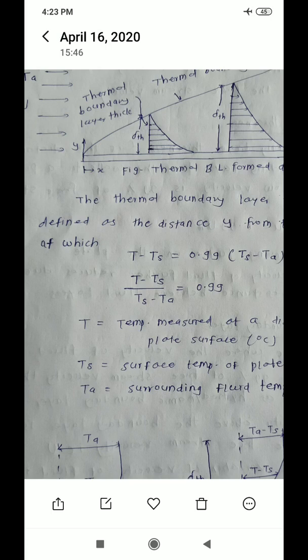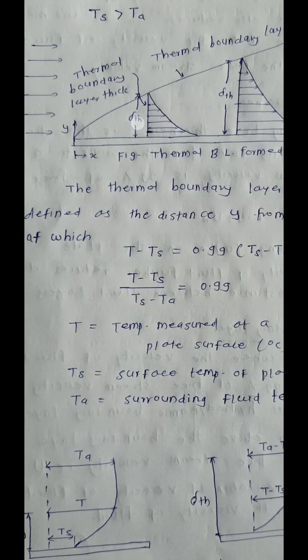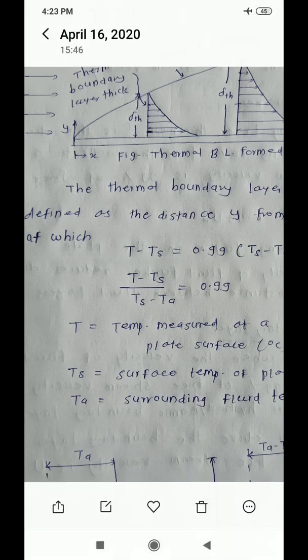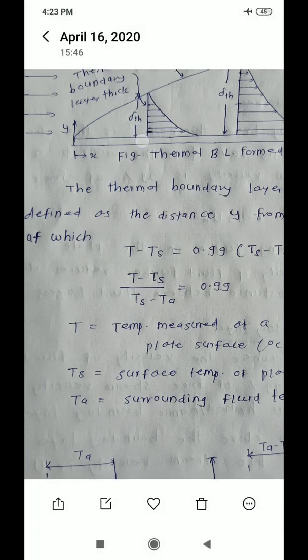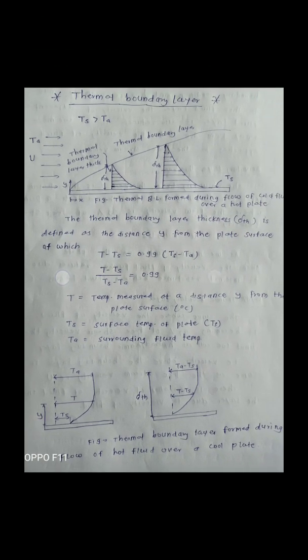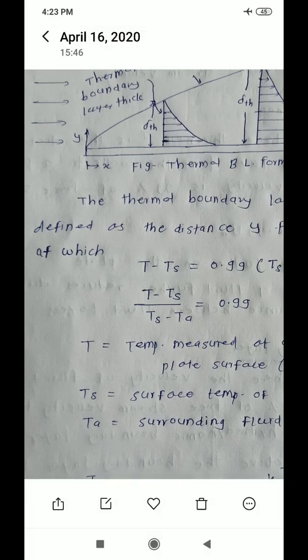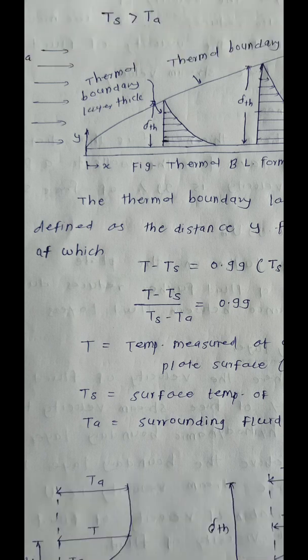From this, what is meant by thermal boundary layer thickness? Thermal boundary layer thickness is denoted by delta Th. This distance is nothing but the thermal boundary layer thickness. How do we calculate it? We consider two coordinates: this direction is the x direction, and this upward direction is the y direction.